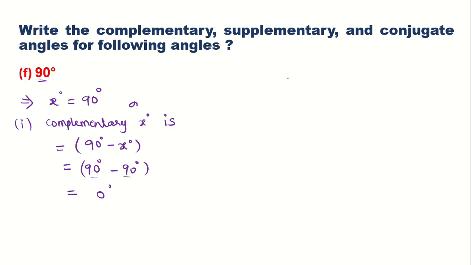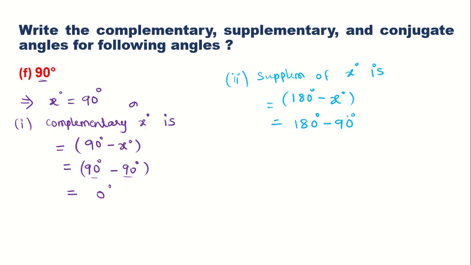Next, let's see supplementary. Supplementary of x degrees is 180 degrees minus x degrees. What is given x? X is 90 degrees. Substitute in this. You'll get 180 minus 90 is 90 degrees.